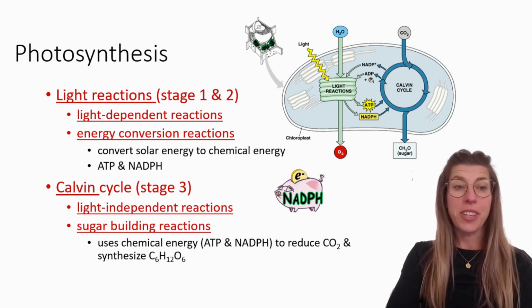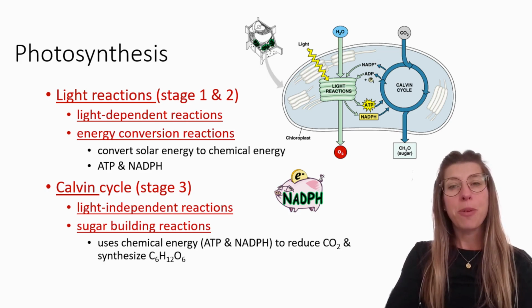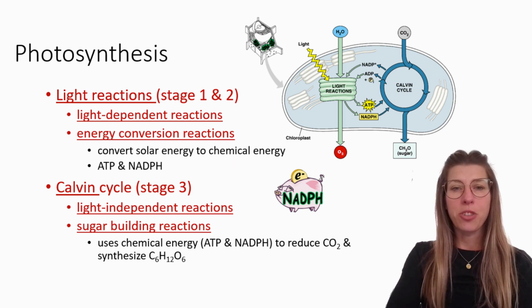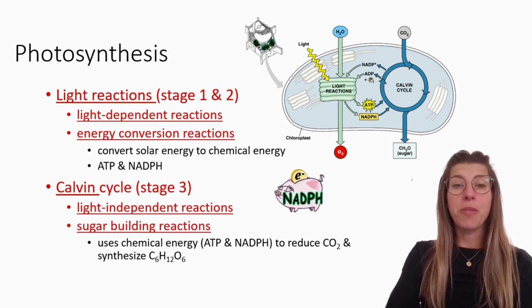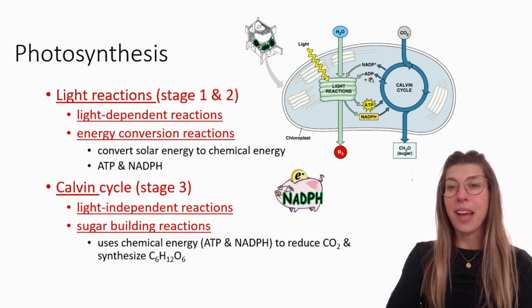We're also going to be seeing something very similar to cellular respiration, just a slightly different form. Instead of NADH that we see as a high energy molecule in cellular respiration, we see NADPH being formed through photosynthesis, which is a high energy molecule that we will be seeing through the light reaction.